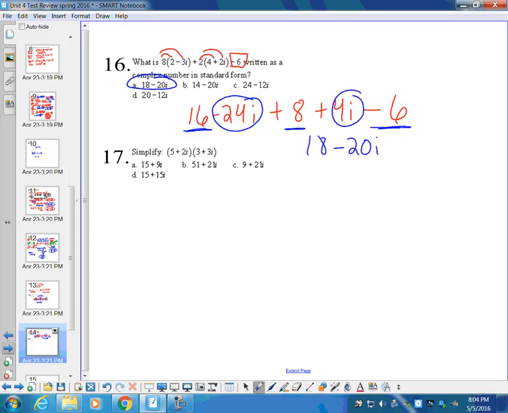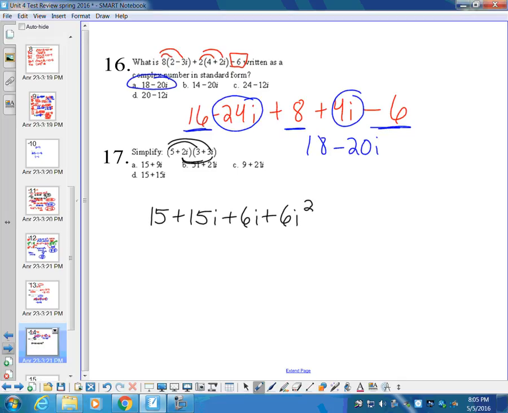Okay, multiply. So we're going to lobster claw or distribute the numbers twice. 5 times 3 is 15. 5 times 3i is 15i. 2i times 3 is 6i. 2i times 3i is 6i squared. 15 plus 15i plus 6i plus 6i squared.